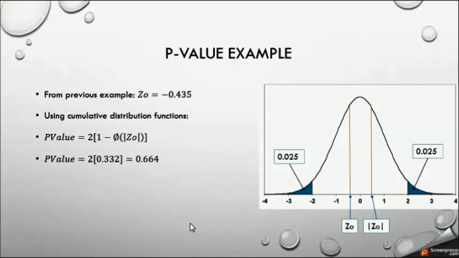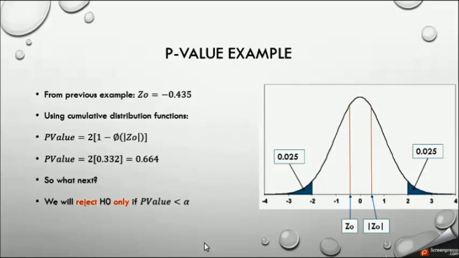So what will we have? By computation or from the tables of the normal distribution, we calculate the p-value to be 0.664.